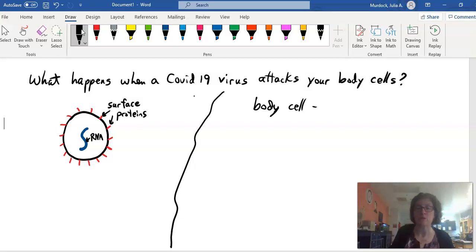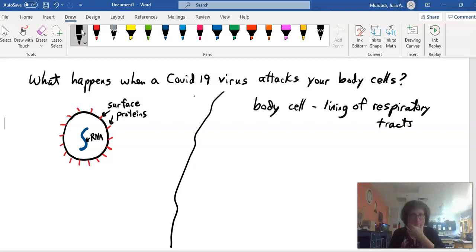So this is the lining of your respiratory tracts. You see how giant this body cell is compared to a virus. Virus particles, all viruses, are incredibly small, and they're really not much bigger than a protein molecule, because that's what makes them up.